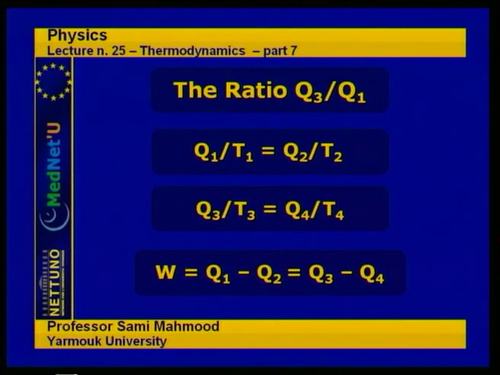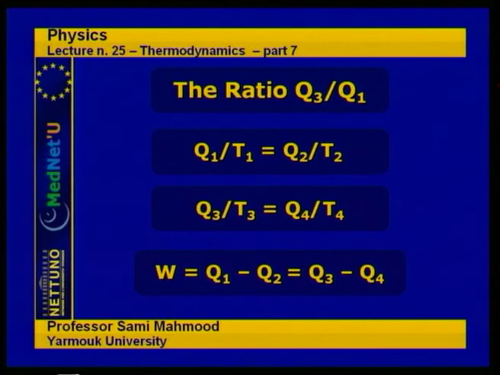Also, we know that in each cycle of either the refrigerator or the engine, the amount of work done is simply the difference in heat, or the net heat absorbed. So from the engine, W is equal to Q1 minus Q2. And from the refrigerator, the same W, because the same W produced by the engine is the same W that is operating the refrigerator.